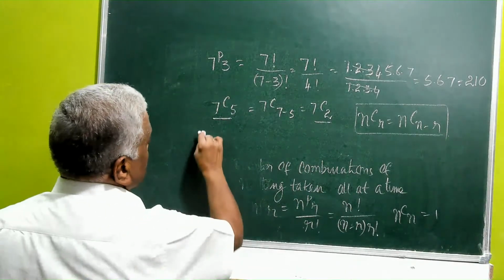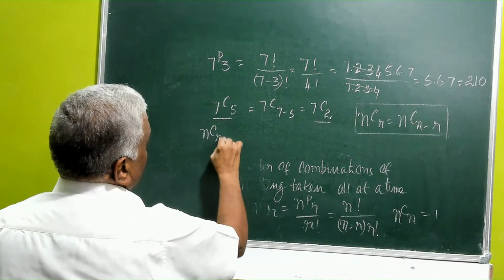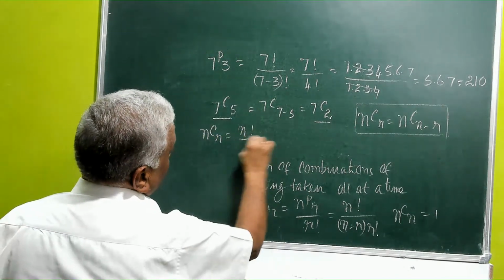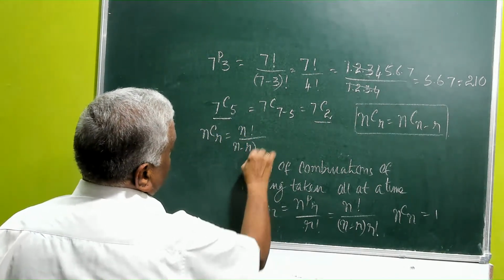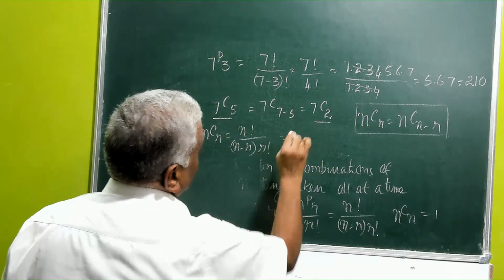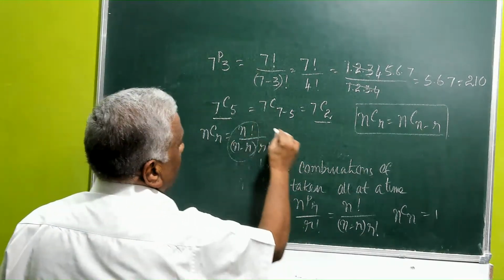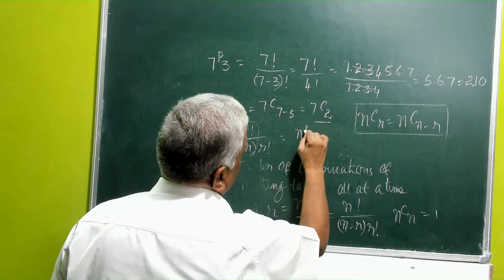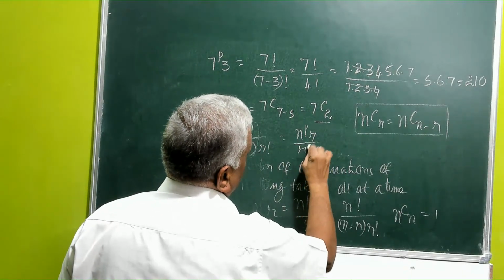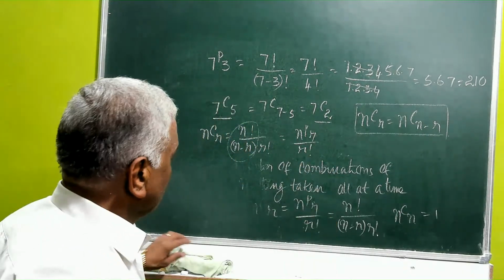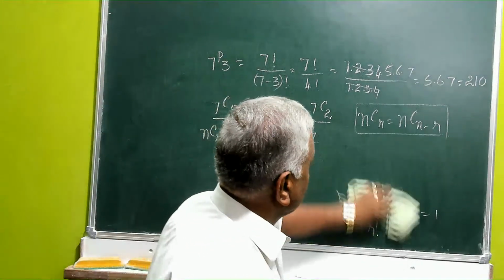What is the formula for nCr? nCr is equal to factorial n by factorial n minus r into r factorial, or this is nPr by r factorial. But you know how to find nPr.